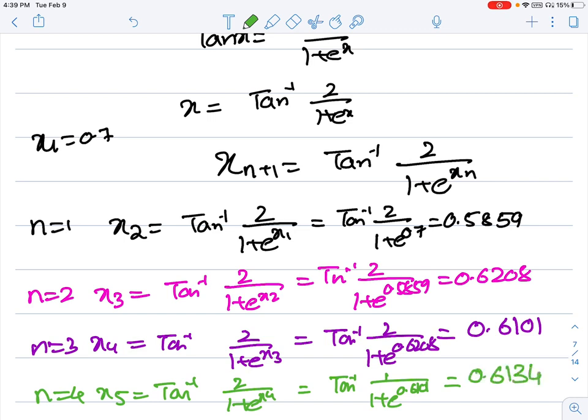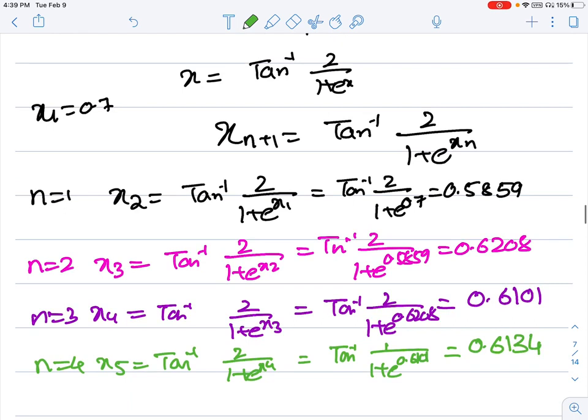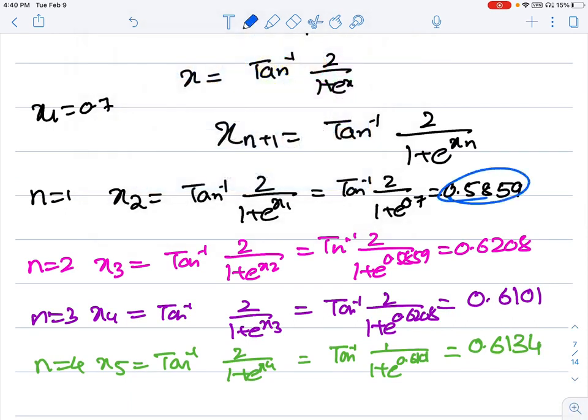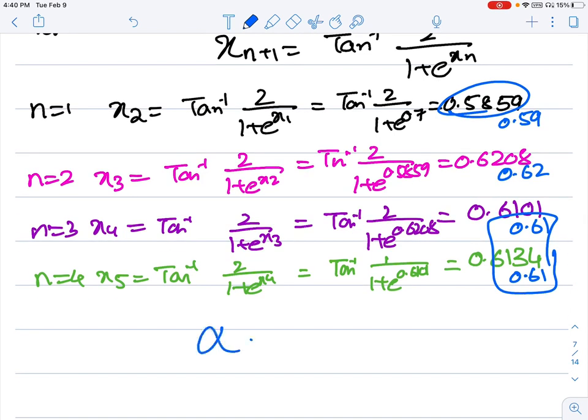I stop it here. Why am I stopping over here? You can see that if I round it off to 2 decimal places, it becomes 0.59, this becomes 0.62, this becomes 0.61, next one becomes 0.61. So it's repeating, so whenever it repeats, alpha is equal to 0.61. The root is 0.61.